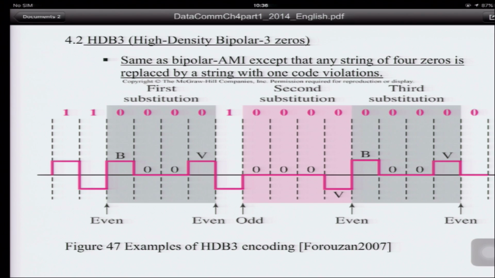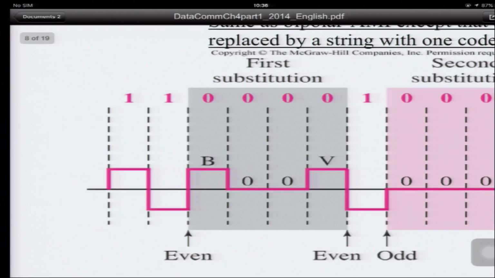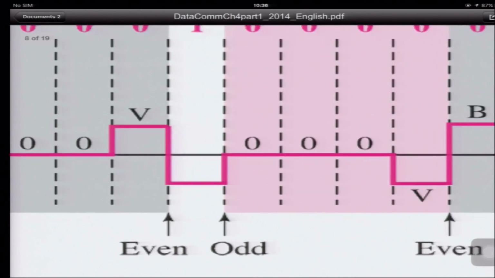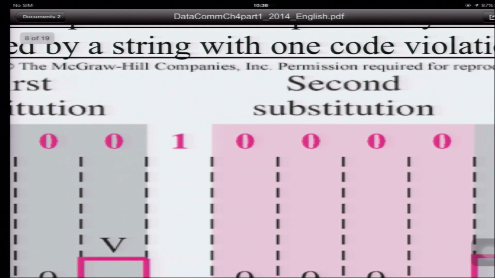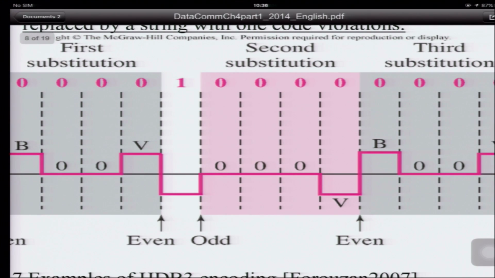If the number of ones before substitution is even, for example 2 ones, then you will represent the 4 zeros with bipolar, 0, 0, violation. However, if the number of ones since the last substitution is only one, so it's an odd number, then you will represent with 0, 0, 0, violation.